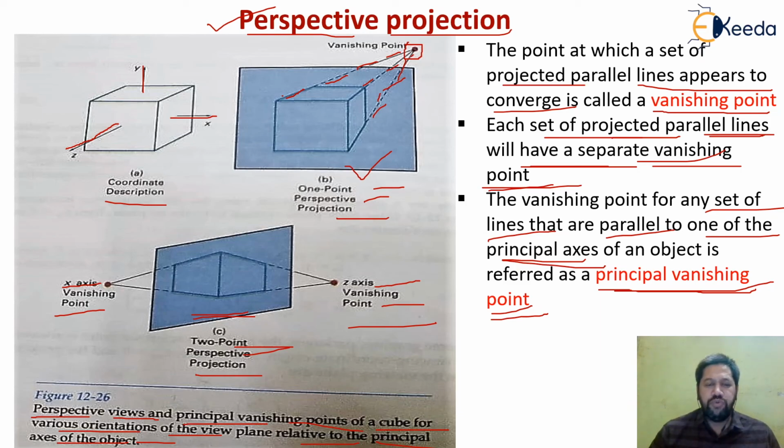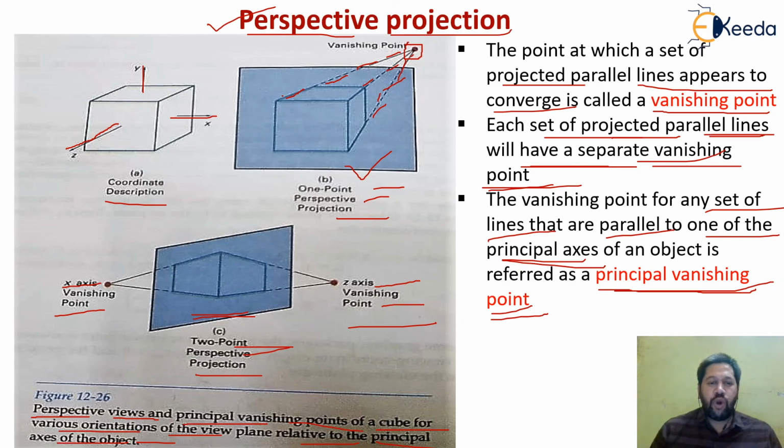This is more useful for engineering and architecture drawings, and the main advantage is that it maintains the proportions of the object. The same object size and dimensions are maintained in parallel projection. We have seen there are again two types of parallel projection: orthographic projection and oblique projection. Orthographic also has different types. All this comes under parallel projection.